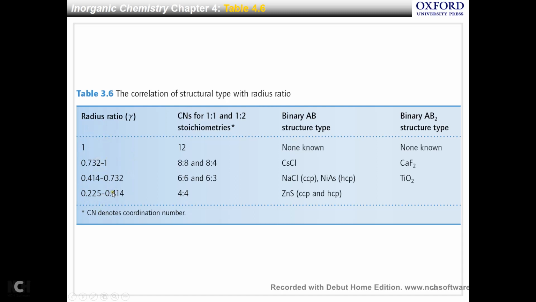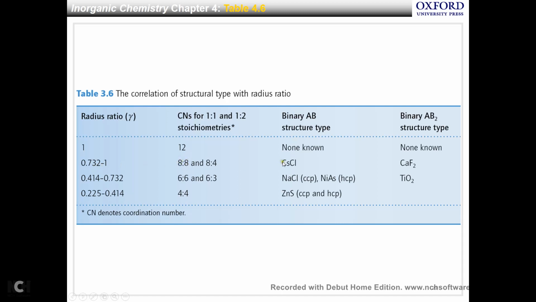And then you get a ratio of 1 or less than 1. If the ratio is 1, then you will have a coordination number of 12 for both the cation and the anion.